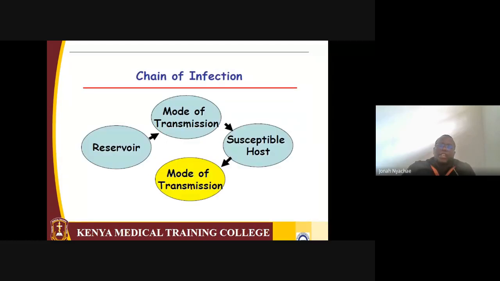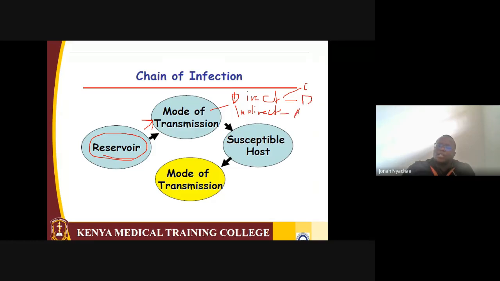So the chain of infection, we usually have a reservoir, which we have talked about, and then the mode of transmission, which we have said can either be direct or indirect. So direct here, I talked about contact, and I also talked about droplets.